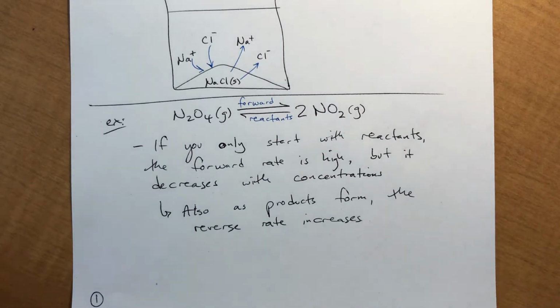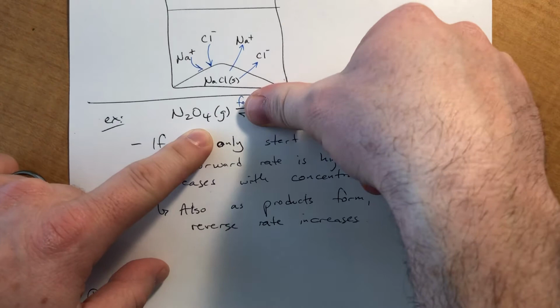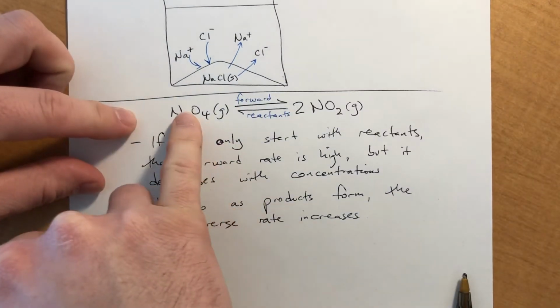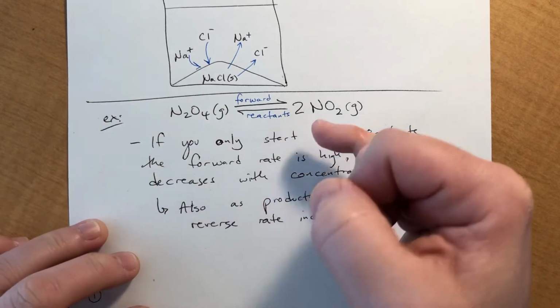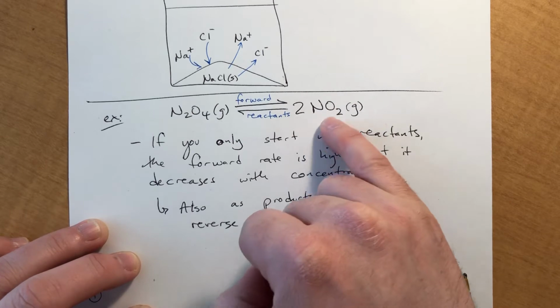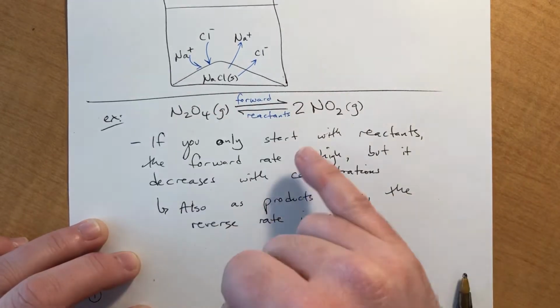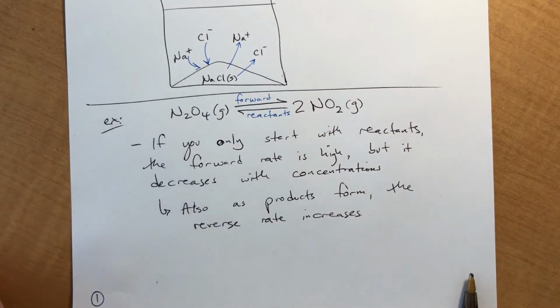The way we can think through this is if you only started with one thing, with no product at all, the forward rate is really, really fast, but it slows down as the reactant gets used up. The reverse rate starts out at 0 because there isn't any product, but as product forms, it reacts and goes back this way, so as it builds up, the rate should increase.